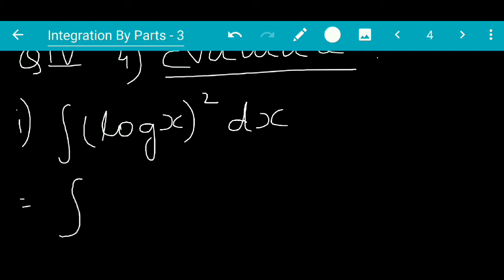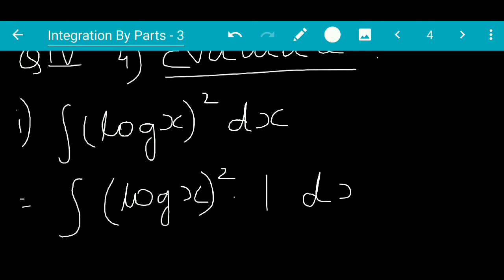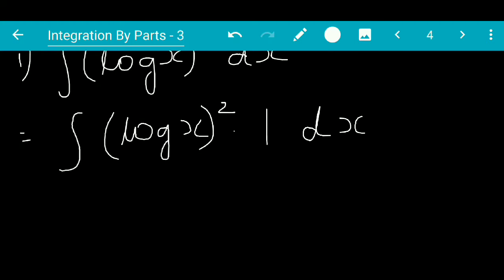We cannot substitute anything over here, so we do integration by parts. So we write this question like this, that is the integral of log x the whole square into 1 dx. So now you can see that there are two terms over here, and so we can use the formula for u into v. Now how to decide what is u and what is v?